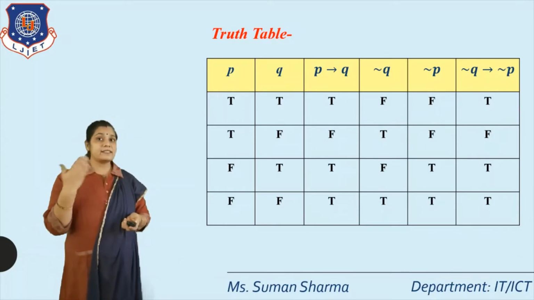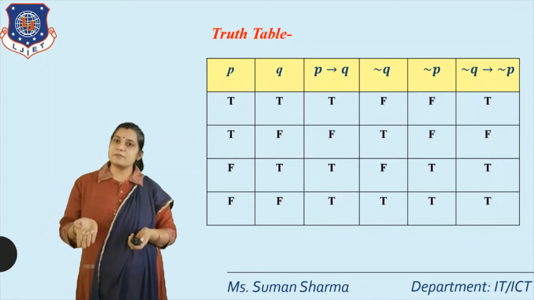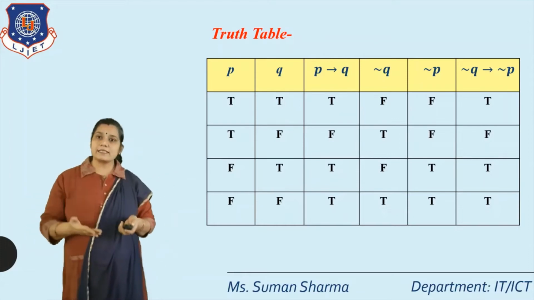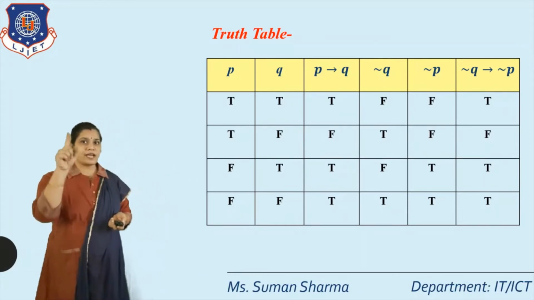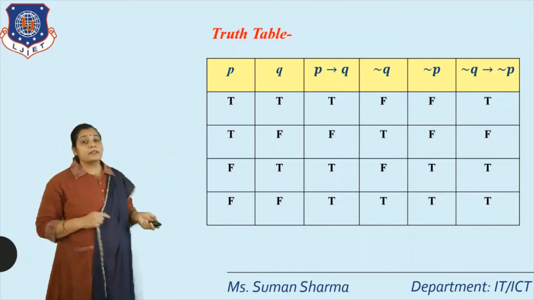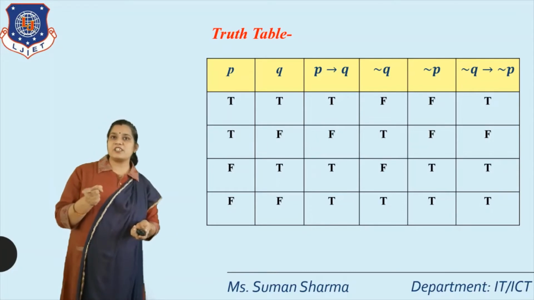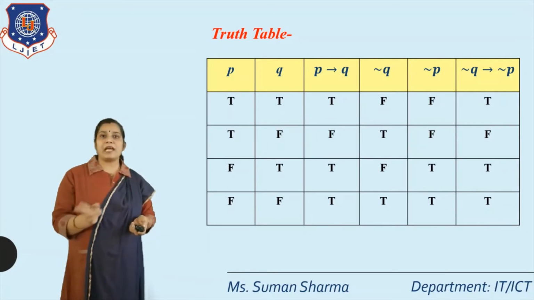And according to the second statement, if it is false, then P implies Q is false, and if the second statement is true, P implies Q is true. So we write T, F, T, T. Next one is negation Q. Q is T, so negation Q is F; F, so negation Q is T. So T, T, F, F, T.